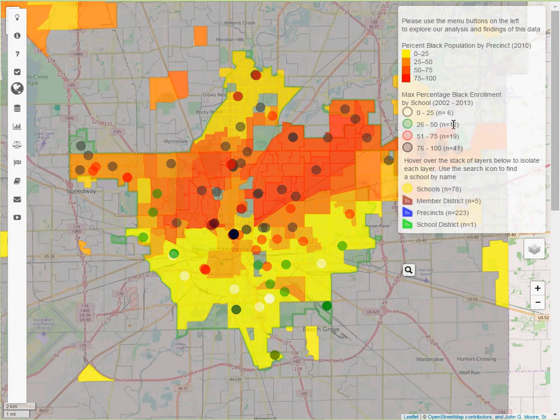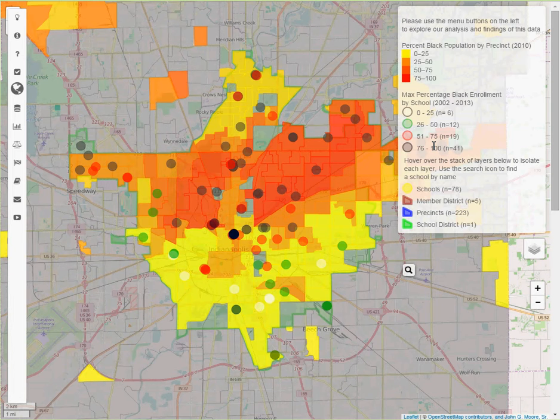And what we're saying is if a school never exceeded 25%, we have that color coded basically as white. And if it was between 76 and 100%, we color coded that as black. And those that were 26 to 50, they were green. Those that were 51 through 75 are red.